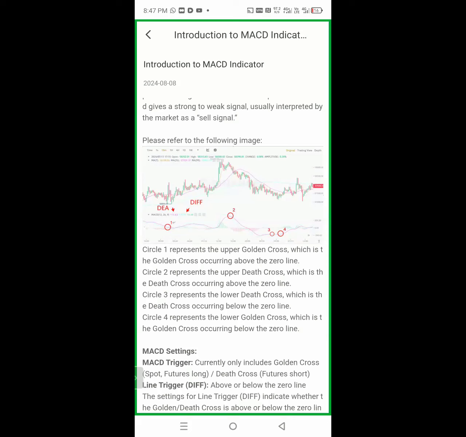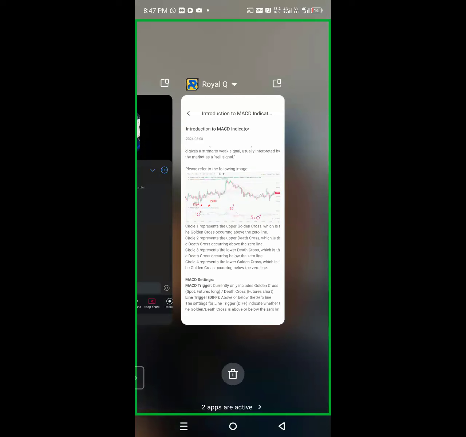Okay, so the next one is for the golden cross. Which position of the golden cross will give you more confidence to long a trade?